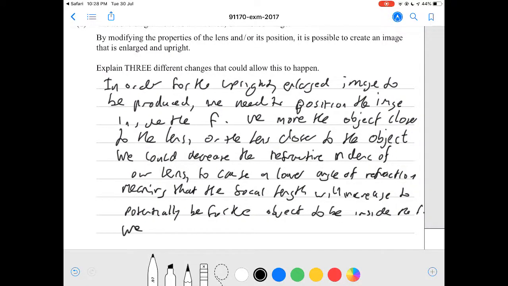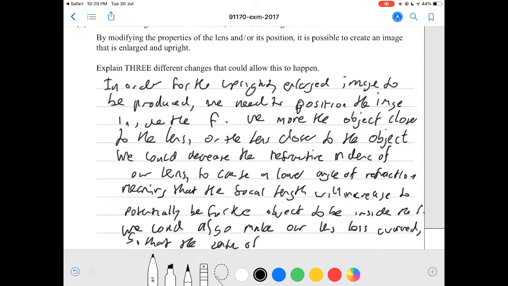So basically, we could also make our lens less curved, so that the center of curvature increases.